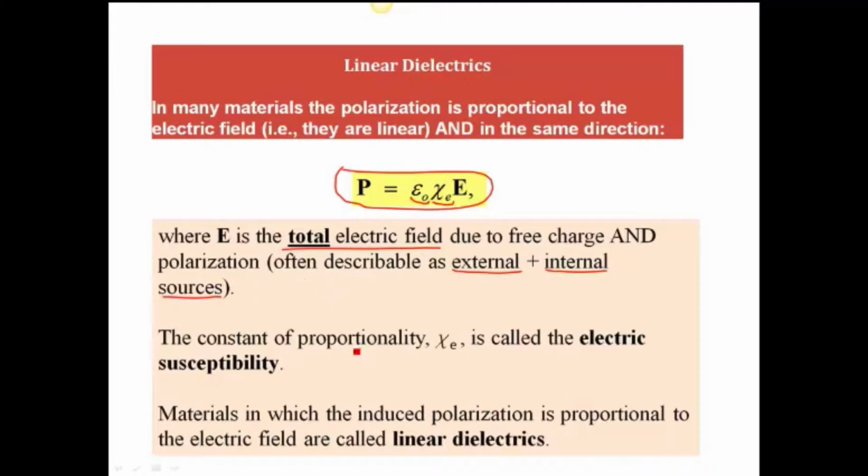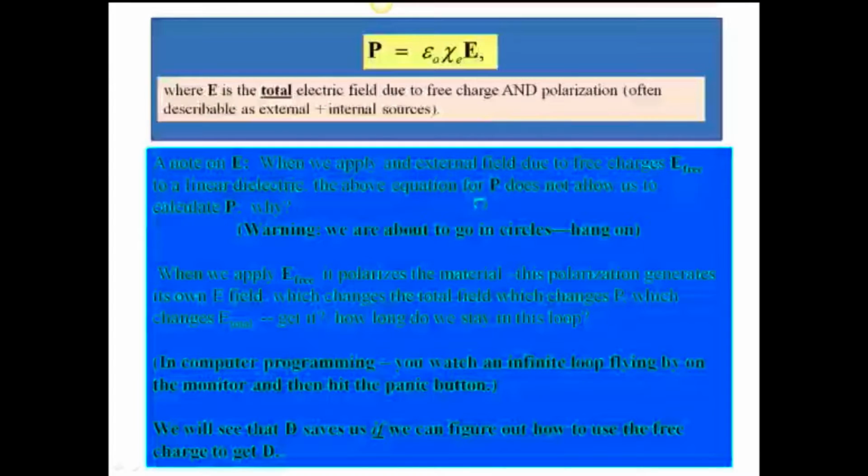One more time, the constant of proportionality, chi sub E, is called the electric susceptibility. Materials in which the induced polarization is proportional to the electric field are called linear dielectrics. Material which obeys this law, where the polarization is proportional to E, those are linear dielectrics.